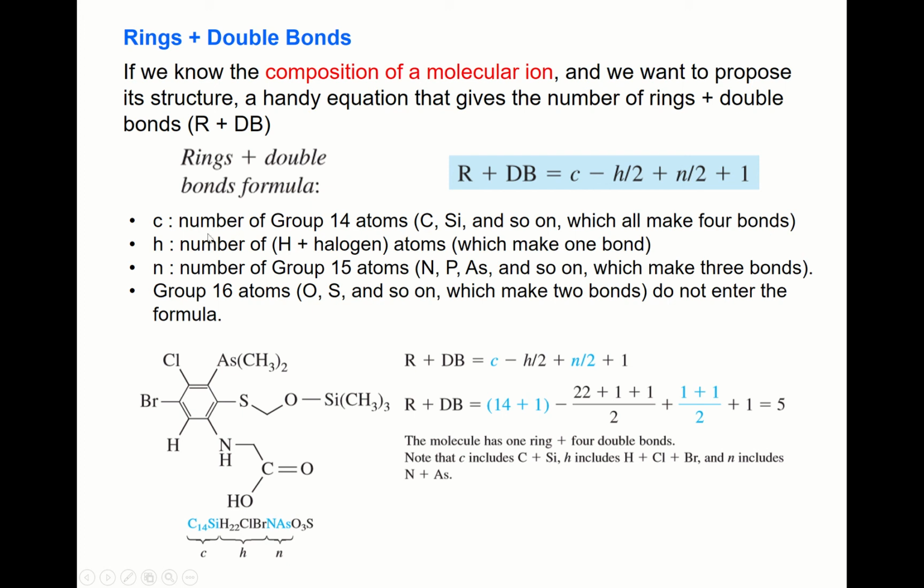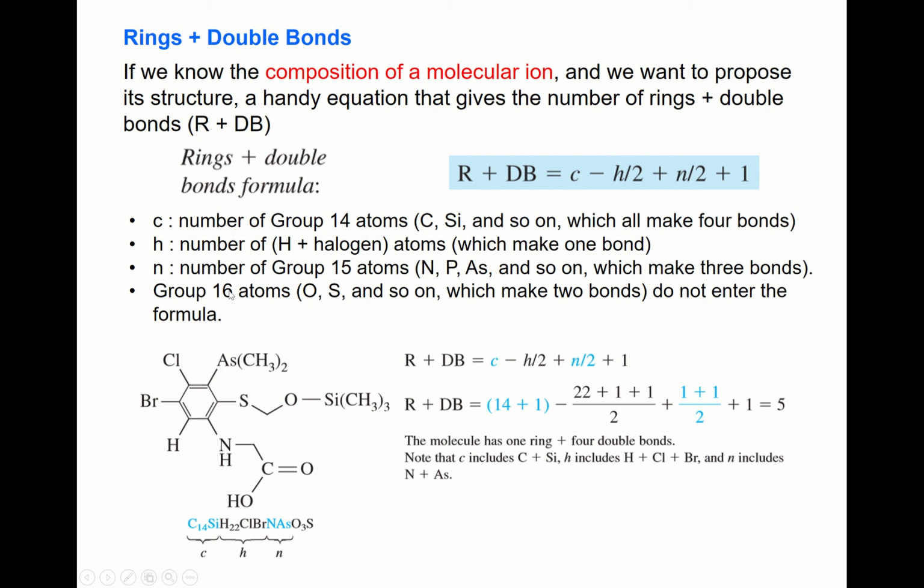H here is the number of hydrogen and halogen atoms. They make only one bond. And N here is the number of group 15 atoms: nitrogen, phosphorus, arsenic, and what's the next one? Antimony and bismuth, which make 3 bonds.